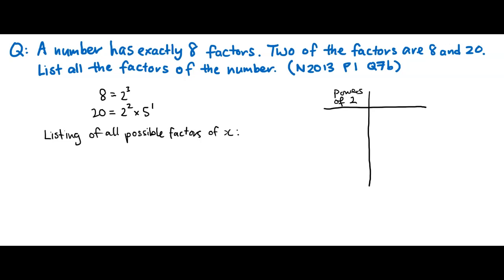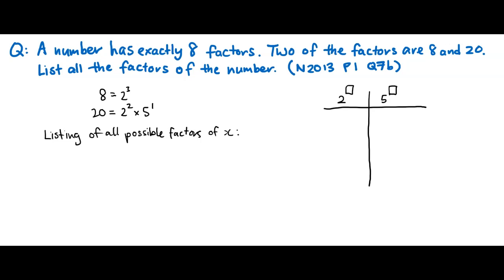Or maybe I would just simply write this in terms of 2 to the power of something, 5 to the power of something, and that might look a little bit more simple. And I'm going to exhaust and go through all the possible combinations and arrive at the factors.